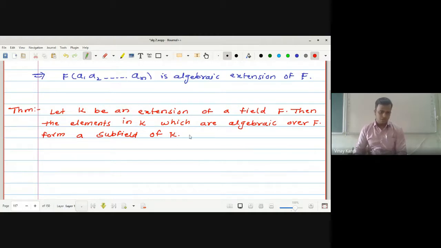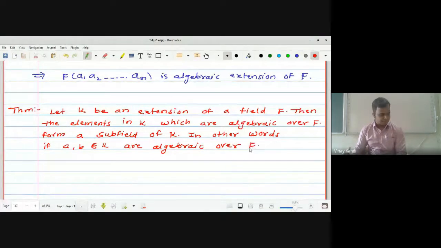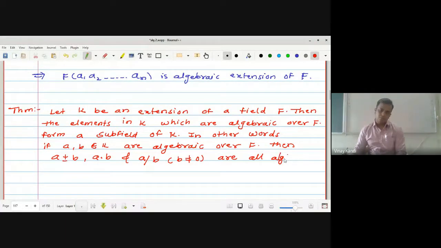In other words, we can say that if a and b belong to K and are algebraic elements over the field F, then prove that a plus or minus b, a into b, and a divided by b, such that b is not equal to 0, are all algebraic over F. What does the statement say?